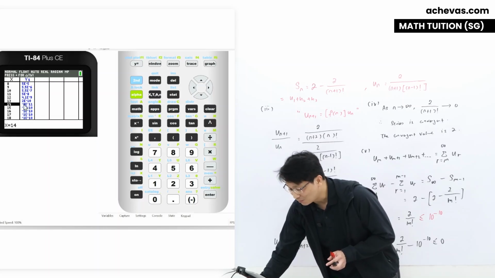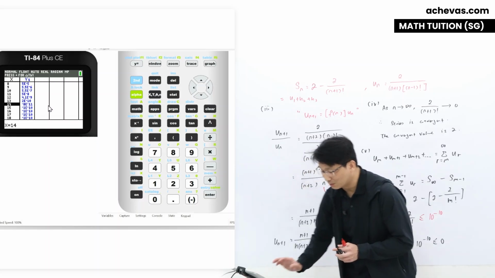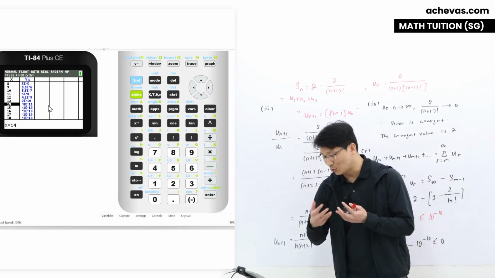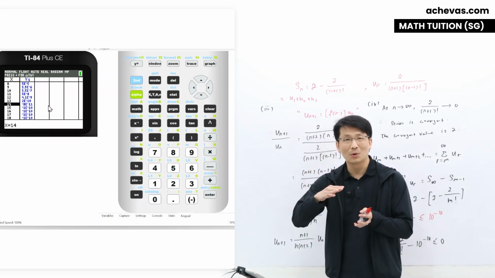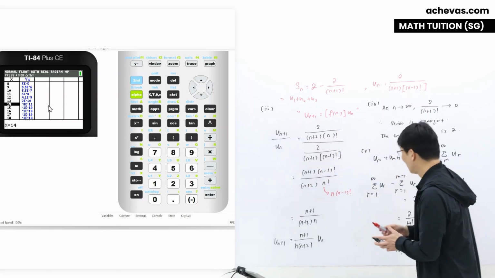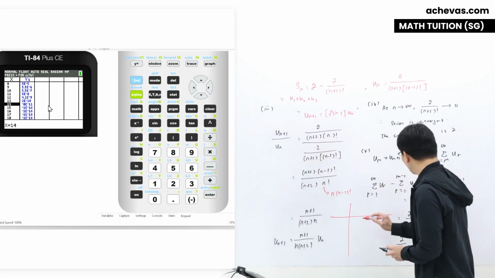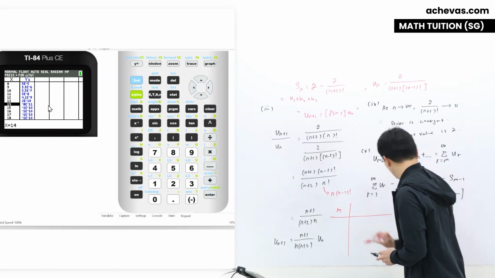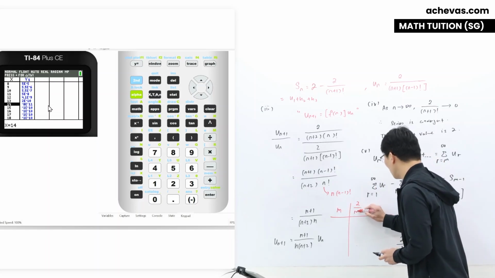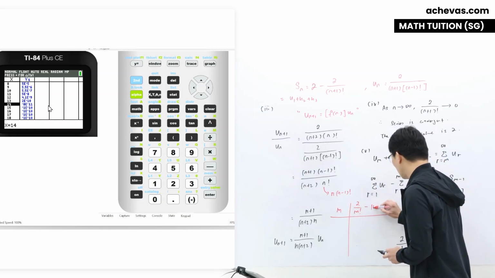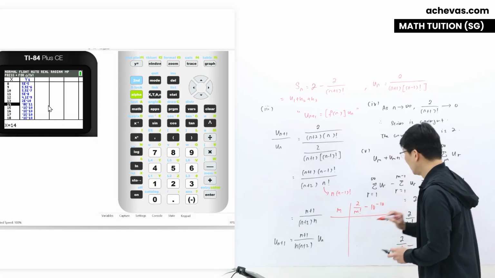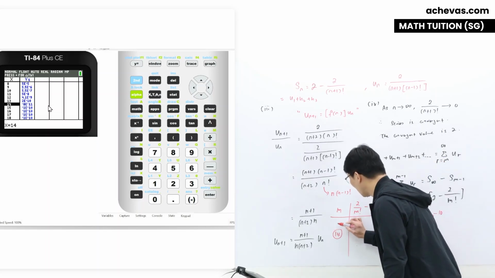For presentation's sake, we will always need to write down 3 rows: the value we want, the one before it, and the one after it. So it will be something like this. The variable we are dealing with here is m, and this is 2 over m factorial minus 10 to the power minus 10. So 14 is the one that I want. I want to write down the one before it and the one after it.